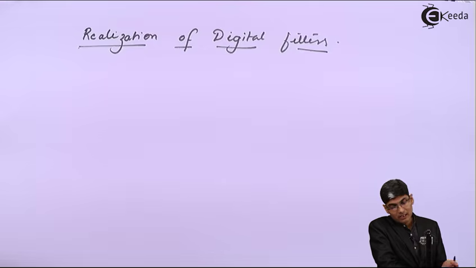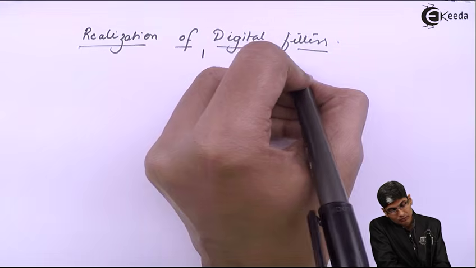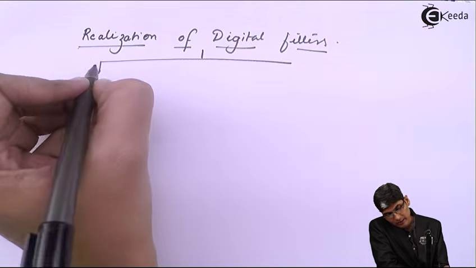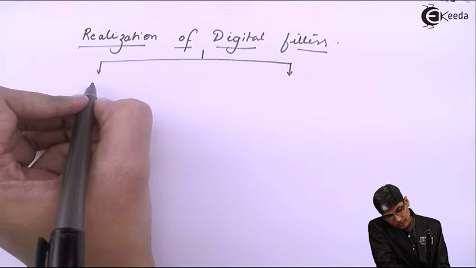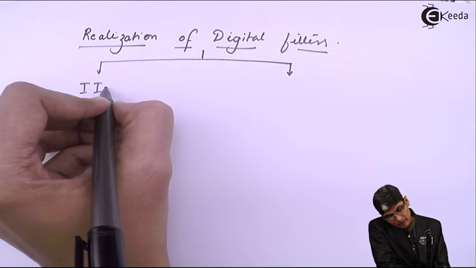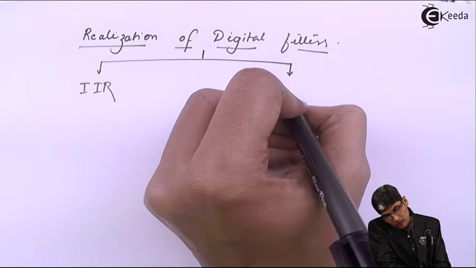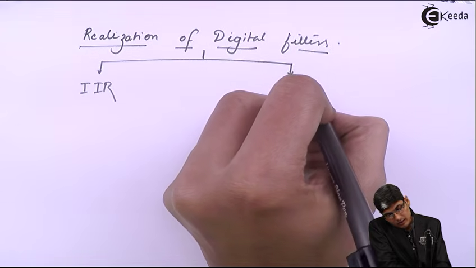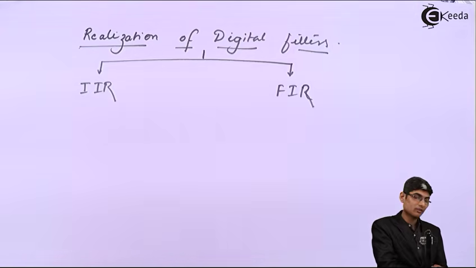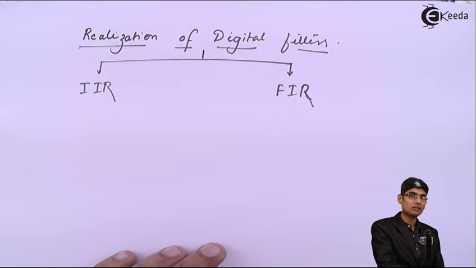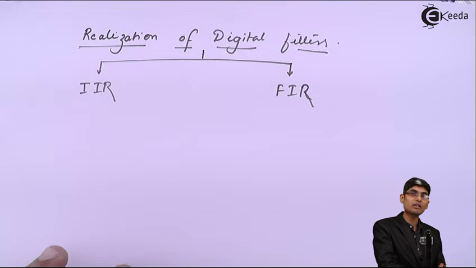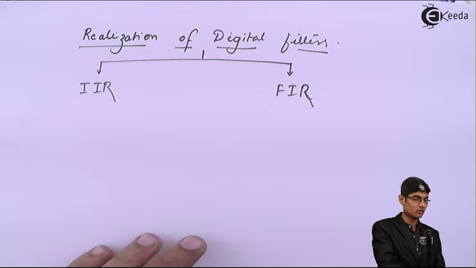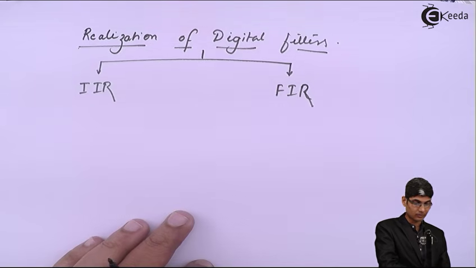So basically we have two types of filters, so we will have two types of realization techniques. One is called the IIR realization technique and one is called the FIR realization technique. So we have infinite impulse response filter design realization, and we have FIR or finite impulse response filter realization.